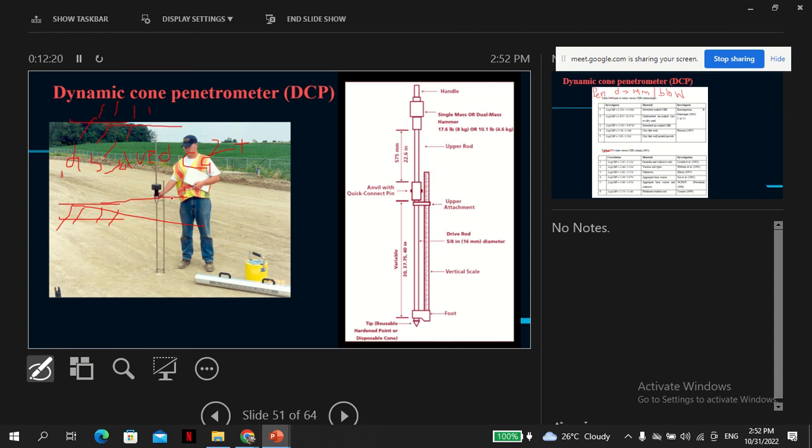Calcium has cementing properties and they form what is called a hard pan. This is very problematic for agriculturalists. If you're plowing, you must make sure that you break the hard pan because it's a problem. So they used this equipment to tell where the hard pan is.